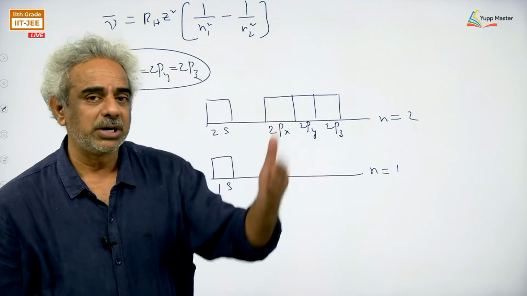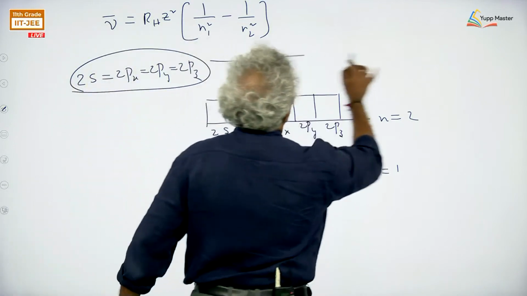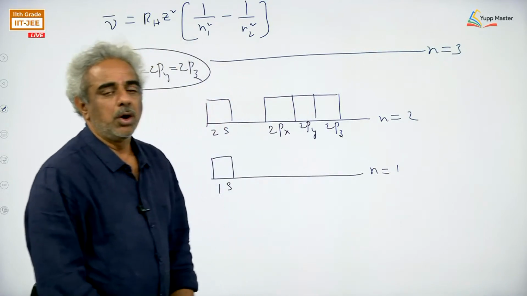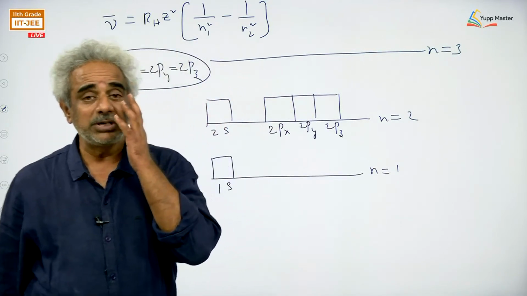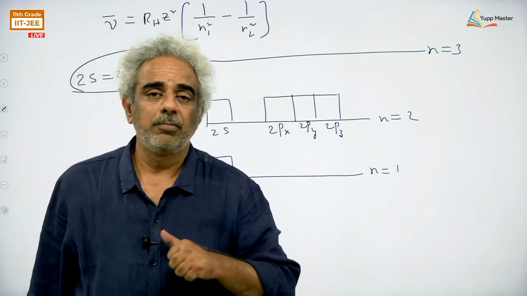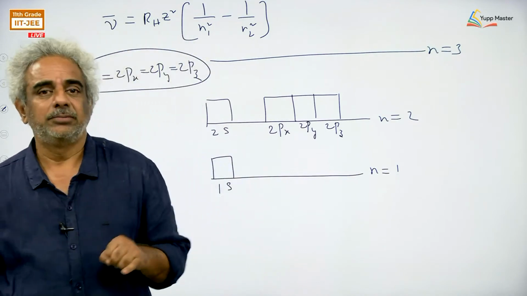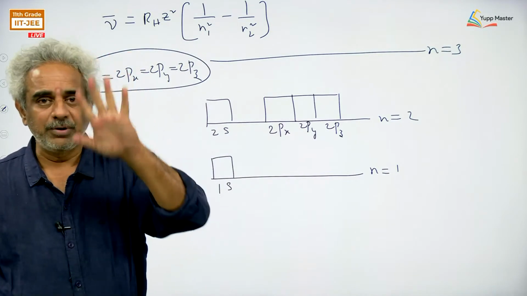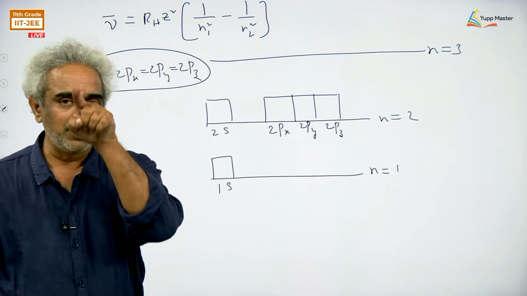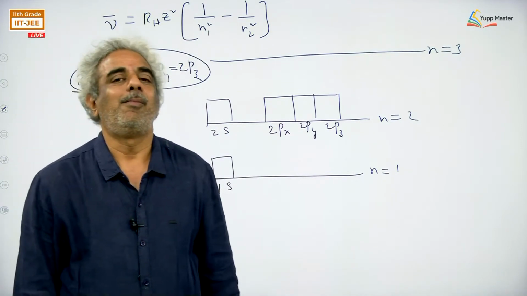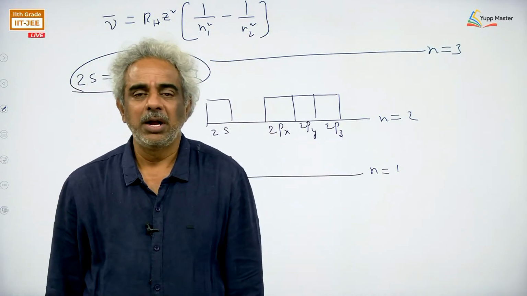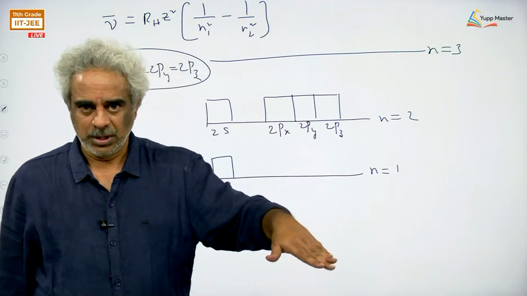What about the next energy state? What is the degeneracy of this? Means how many wave mechanical energy states are present with n value 3? There is 3s, there are 3 p orbitals, there are 5 d orbitals, total 9 orbitals. So 9 quantum mechanical states are available with the same energy.